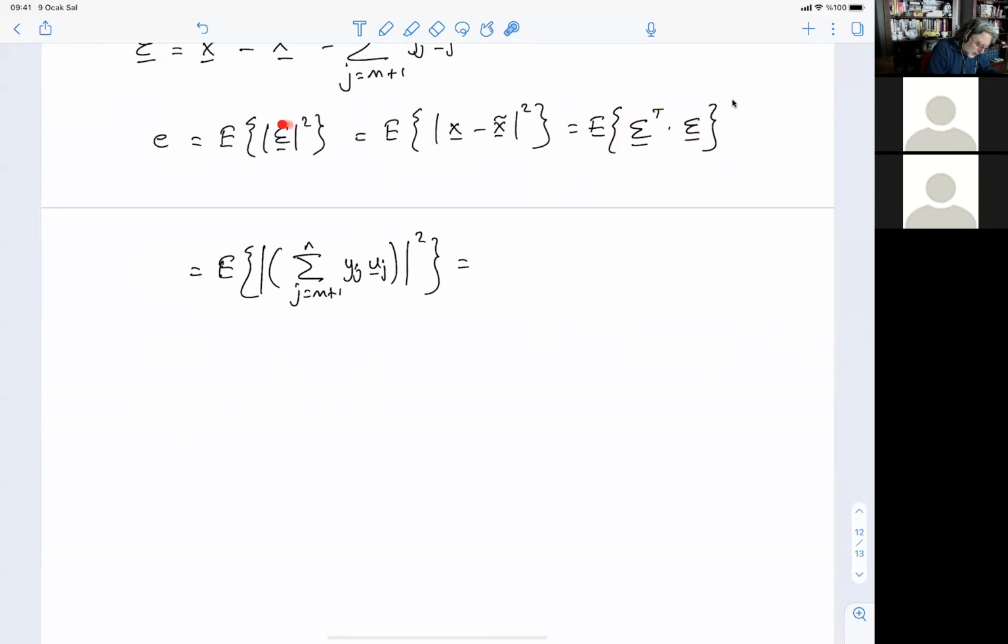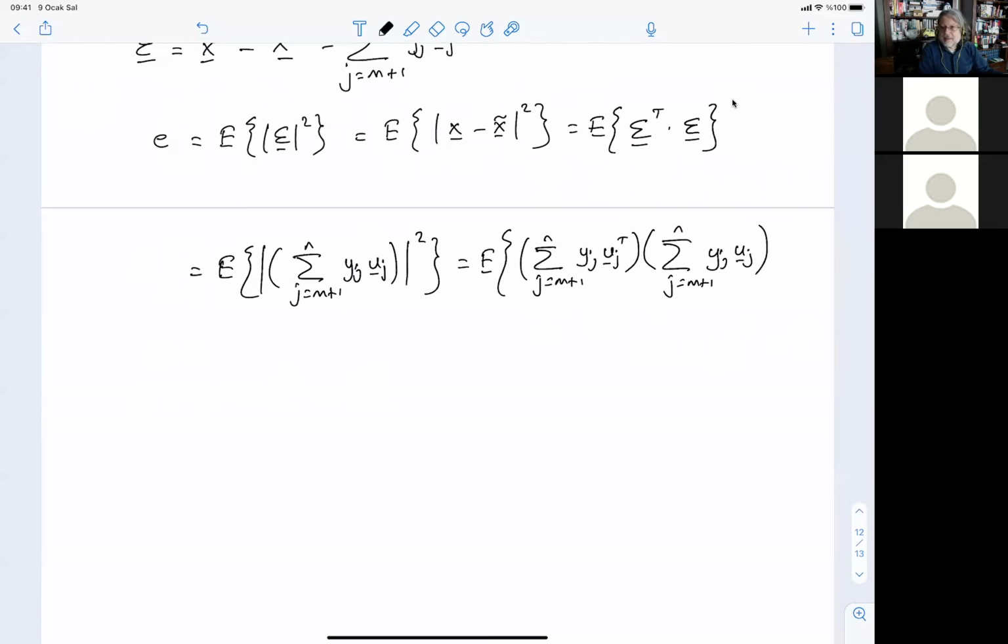This is equal to this, right? I wrote this term in this format. I could also write it in this format here, and I'm going to do it right now. It's the expected value of the summation from m plus 1 to n of y j u j, transposed, because this is epsilon transpose that I'm writing, times the summation from m plus 1 to n of y j u j.